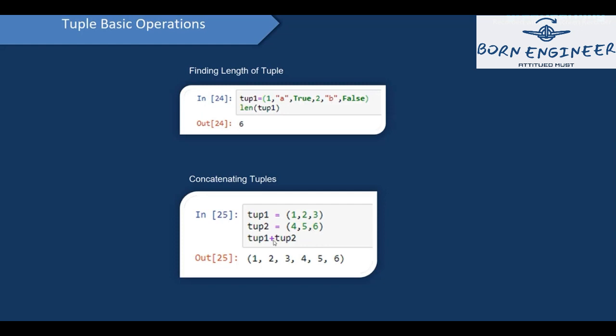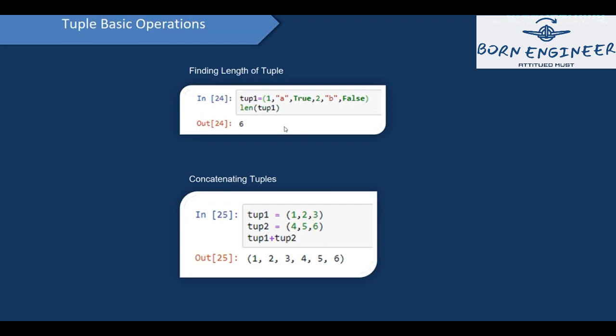And when you use the addition operator on these two tuples, you are actually concatenating them. And as you already know, you can't modify a tuple. So that is why when you do tup1 plus tup2, you'll not get 5, 7 and 9. What you are doing is attaching this tuple at the end of this tuple.